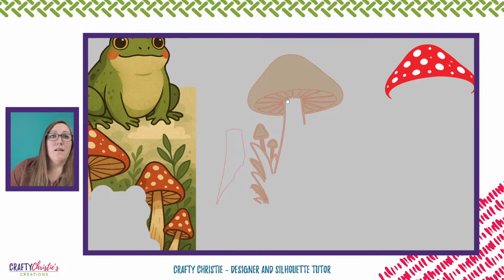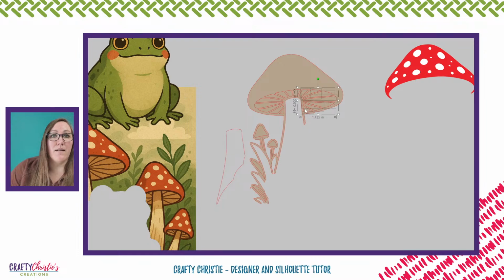And then we need the inside of our mushroom. We like all of these areas here. So this does seem a little bit tedious, but what I'm going to do is hold down the shift key and grab each of these little inward sections. Because I colored them in, they're a little bit easier to grab.